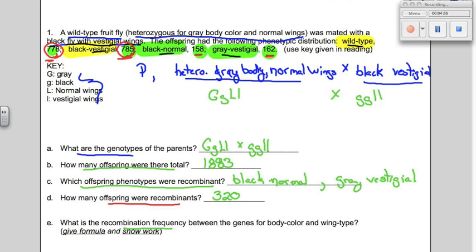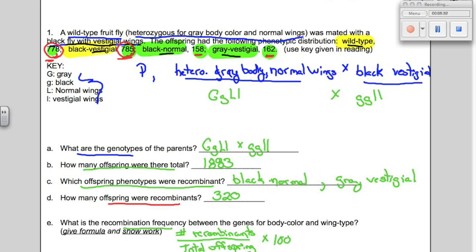The next step is actually calculating out the recombination frequency. How often is this happening? There's a very simple little formula we're going to use for this, and it is just the number of recombinants divided by the total number of flies, the total offspring, times 100.